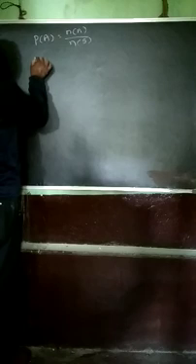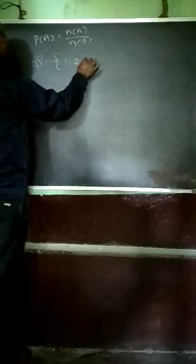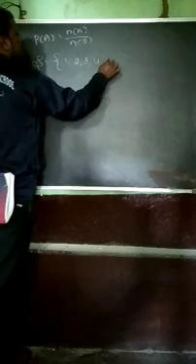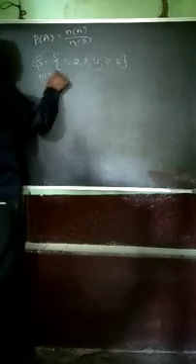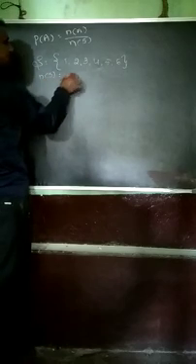Suppose we throw a die, then the sample space will be... how many outcomes will there be in a die? Total 6. So n of S, the number of sample points in the sample space, is equal to 6.